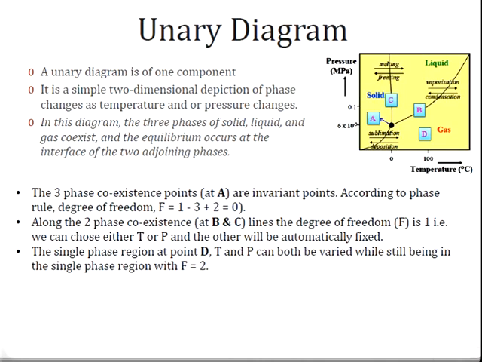In this slide, you will see a simplified unary diagram, which is a one component system. It is a simple two-dimensional depiction of the phase changes as temperature and pressure change. Here you can see on the y-axis there is pressure variation, whereas on the x-axis there is temperature variation.